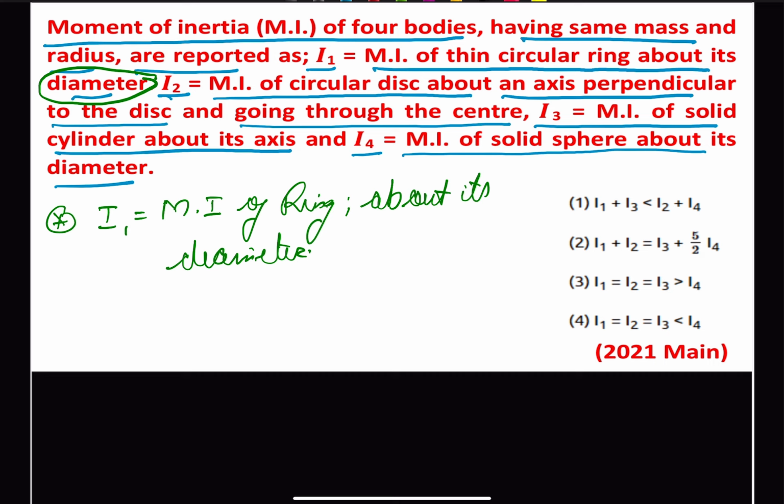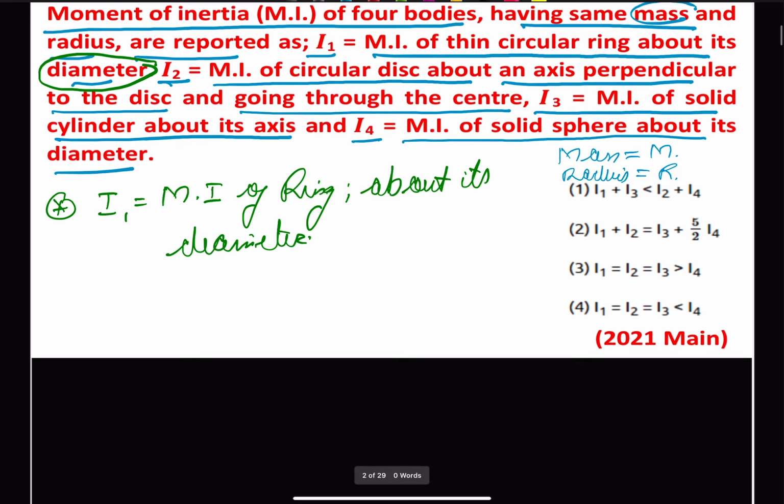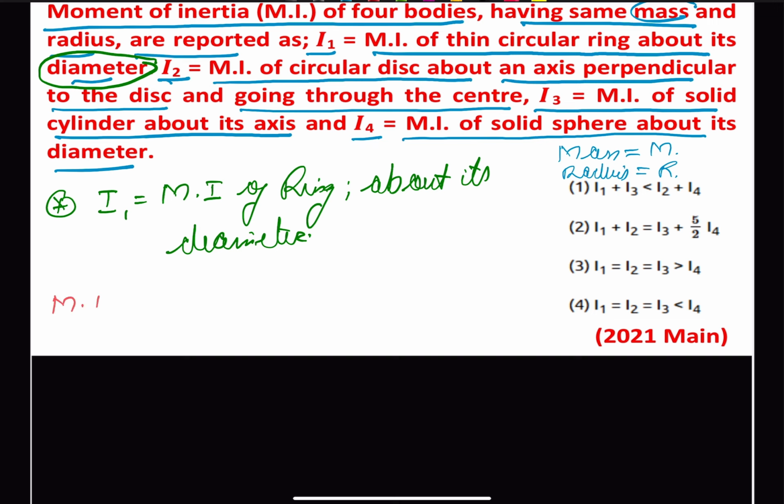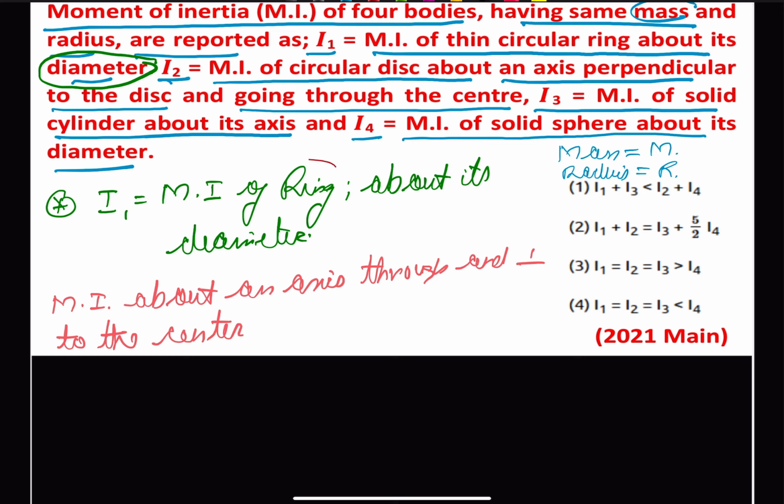Because it says the bodies have the same mass and radius, let us assume the mass of all the bodies is capital M and the radius of all the bodies is capital R. We know the moment of inertia about an axis through the center and perpendicular to the plane, and please remember we are discussing the first case, a ring.